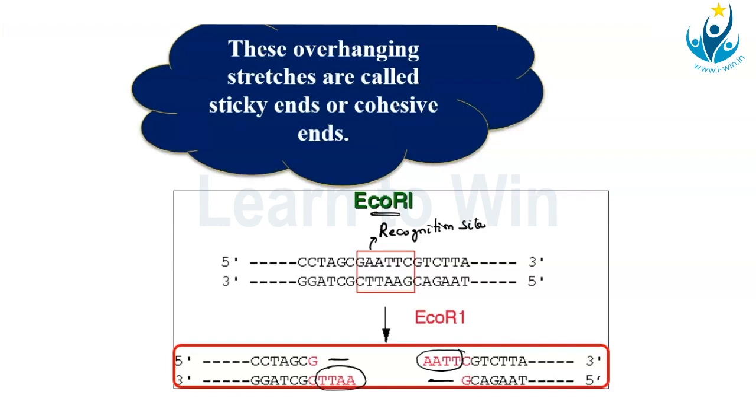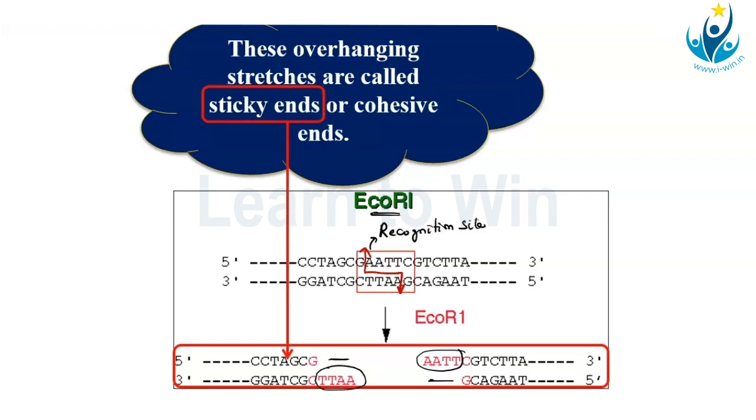So the fragments are not cut equally, they are cut unequally. So how must the cut have come? The cut must have come like this. It must have come like this. Correct? So the cutting is not equal but unequal.